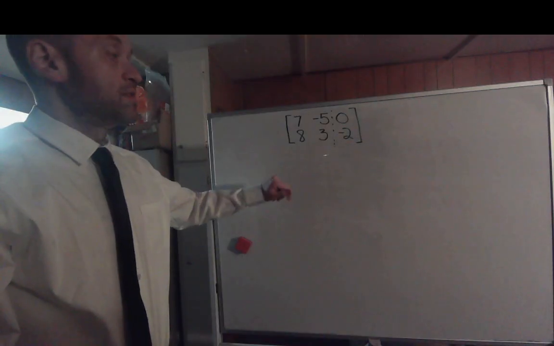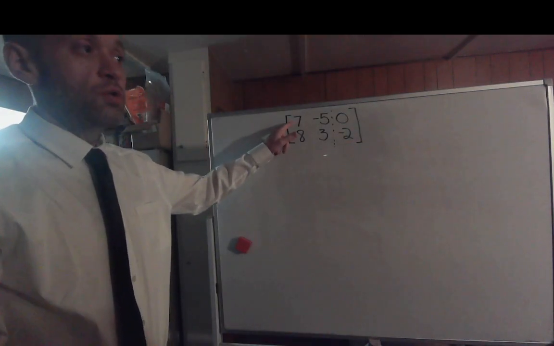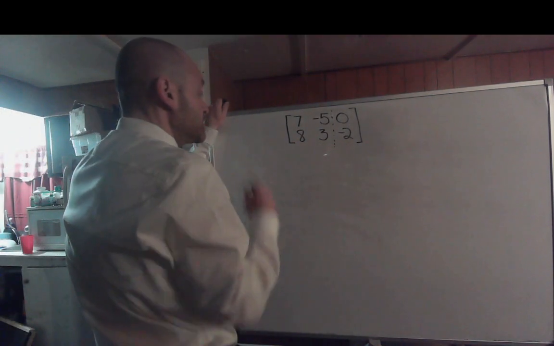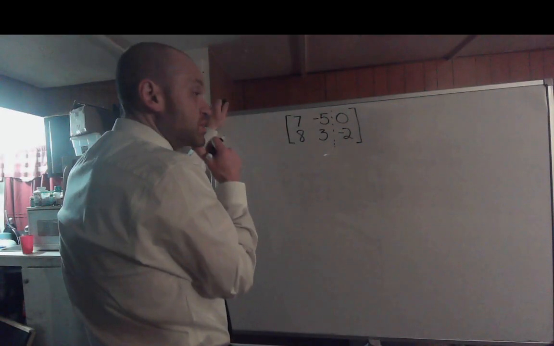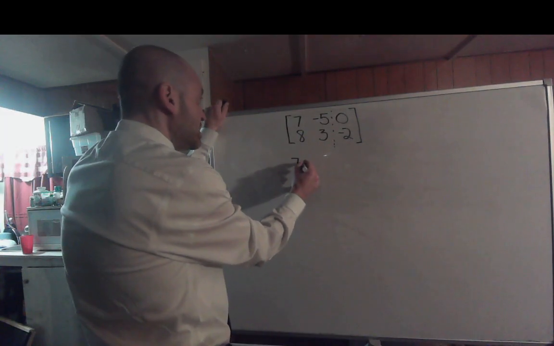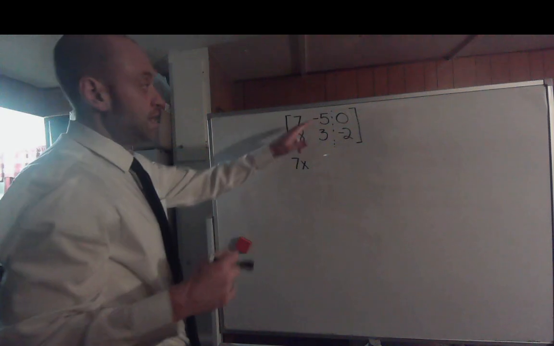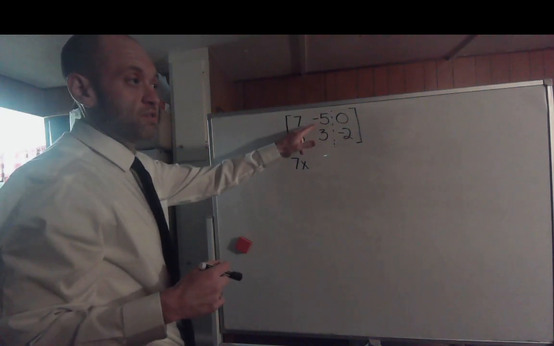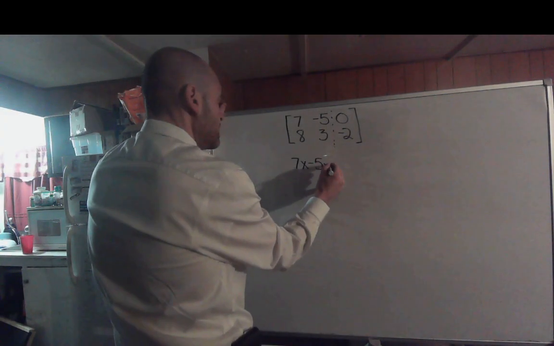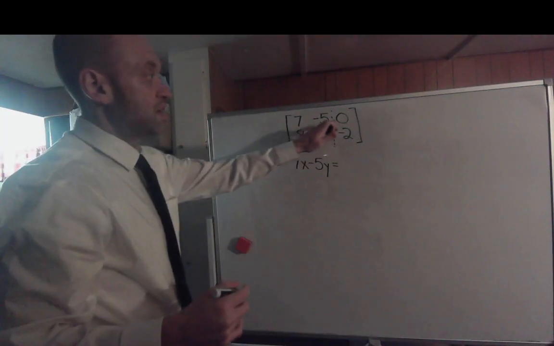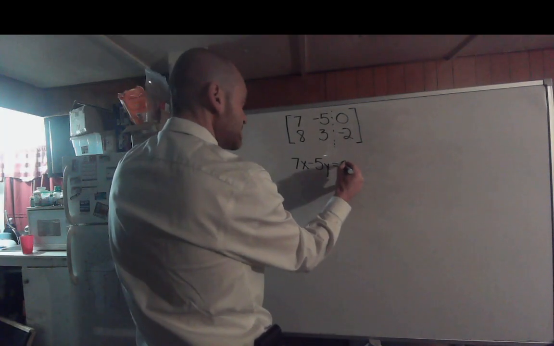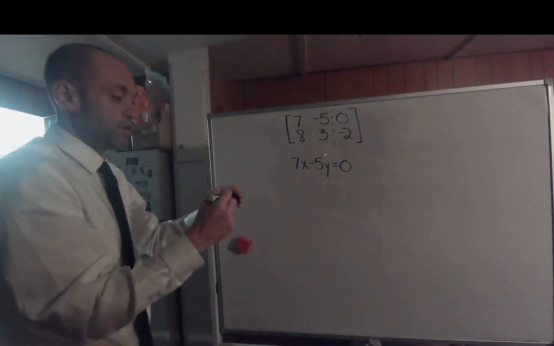Well, again, the first entry of your first row is the coefficient of your x variable. So that is going to end up being 7x. And then the coefficient of your y variable is the second entry of the first row. That's going to be minus 5y equals, because that augmentation line again functions as an equal sign, so you could say 7x minus 5y equals 0.